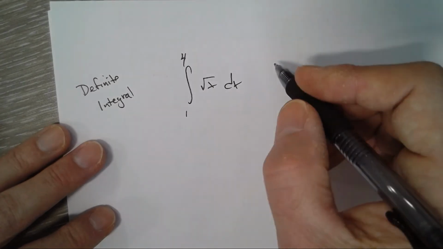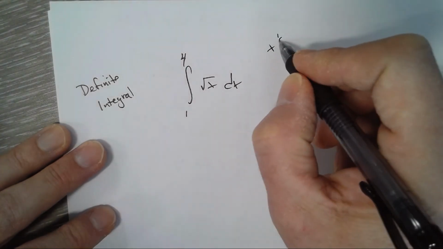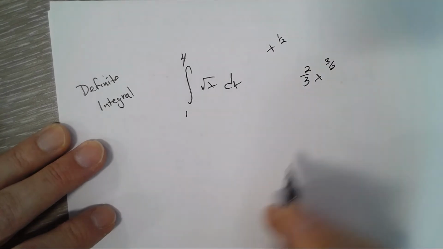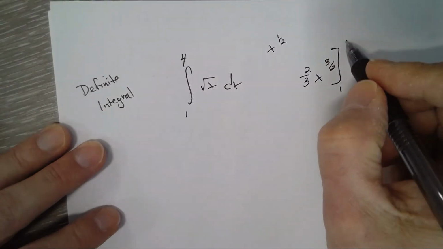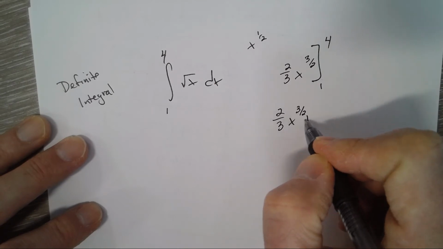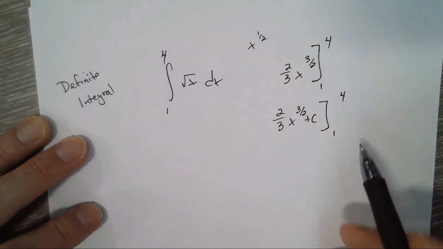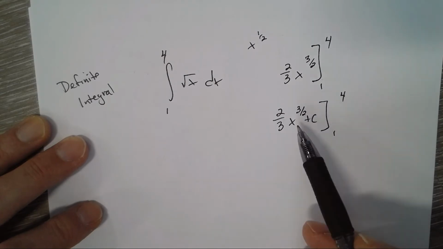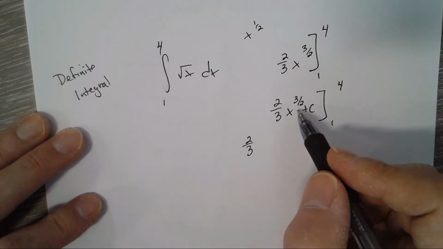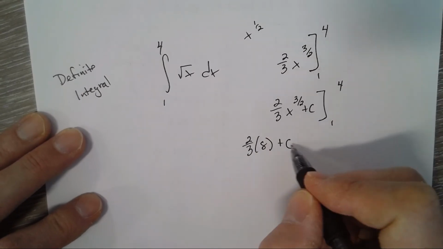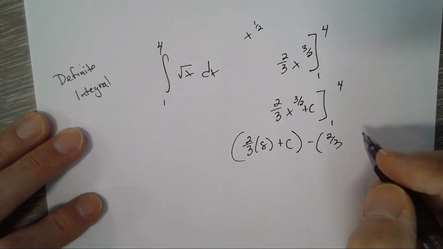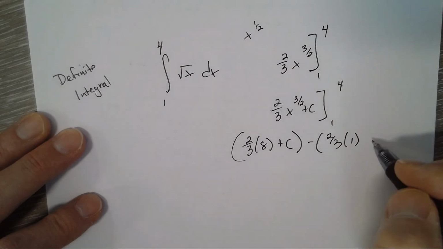Because, well, if this is x to the 1/2, the antiderivative would be x to the 3/2 times 2/3. So from 1 to 4. If we wanted to include a c, like plus c, to go from 1 to 4, now plug 4 in, I get 2/3 times 8 plus c, minus 2/3 times 1 plus c.